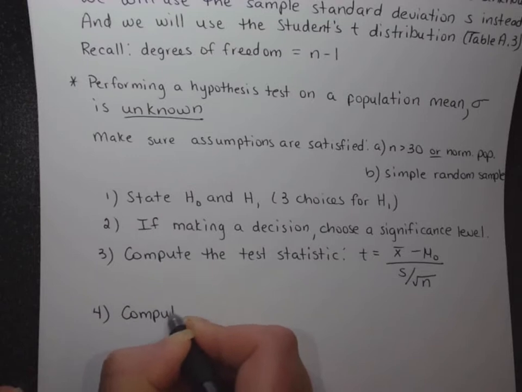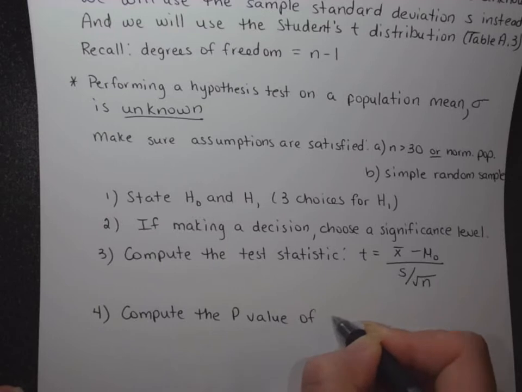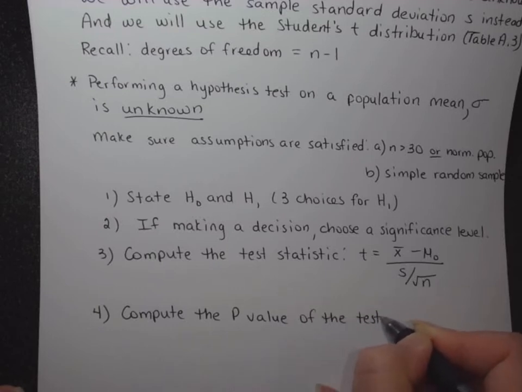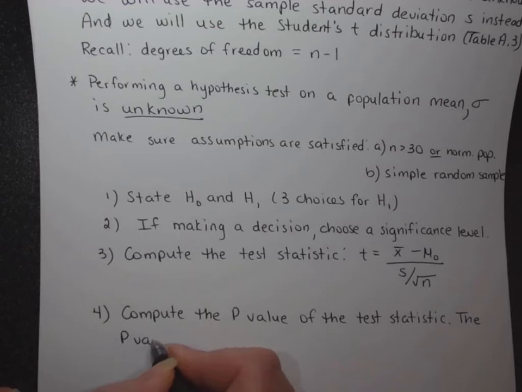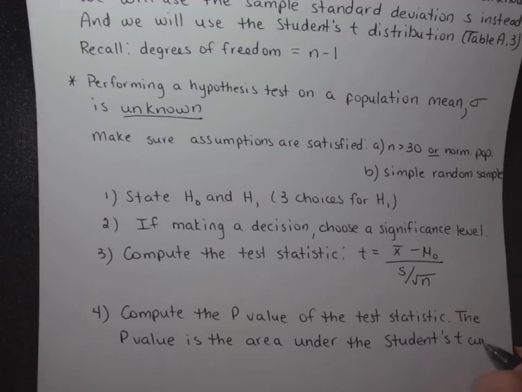So step number 4 is we're going to compute the p-value of the test statistic. So the p-value is going to be the area from your table under the student's t-curve with n-1 degrees of freedom.